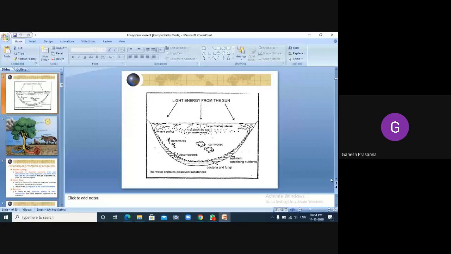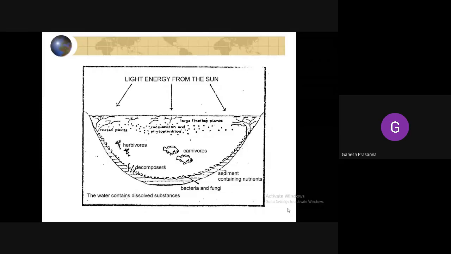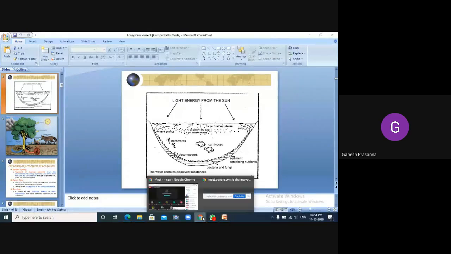Now, you can see how exactly this ecosystem is being maintained. See, here you can see the sun is the main source of energy. Sun emits radiation in the form of light and heat.